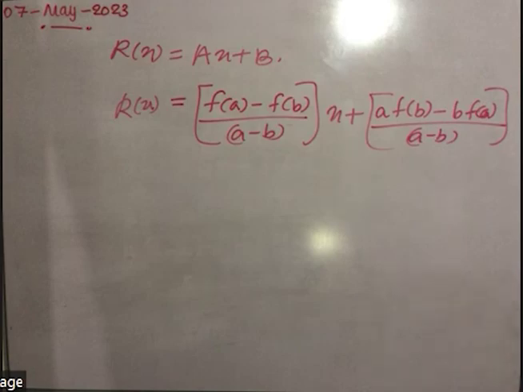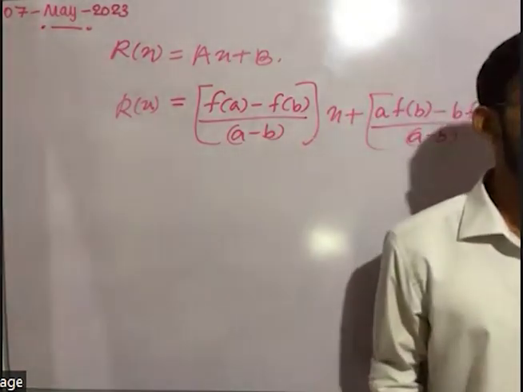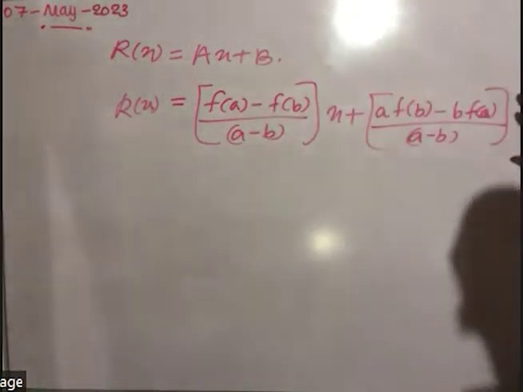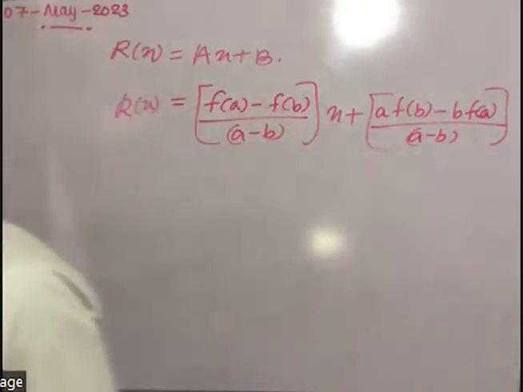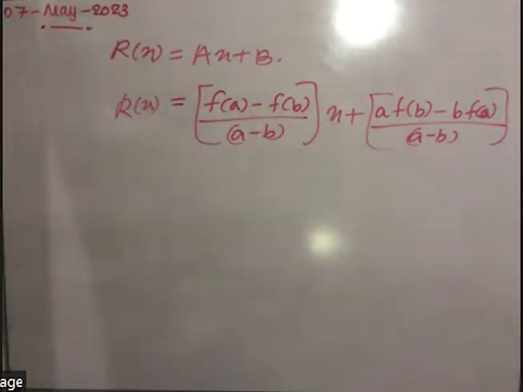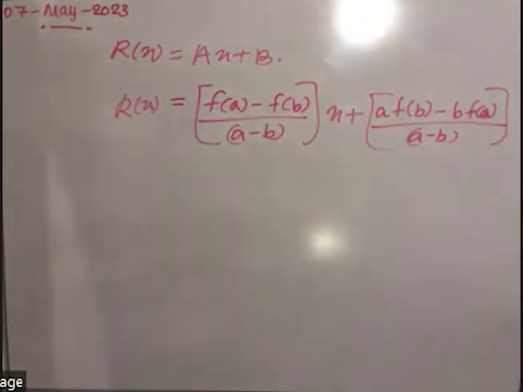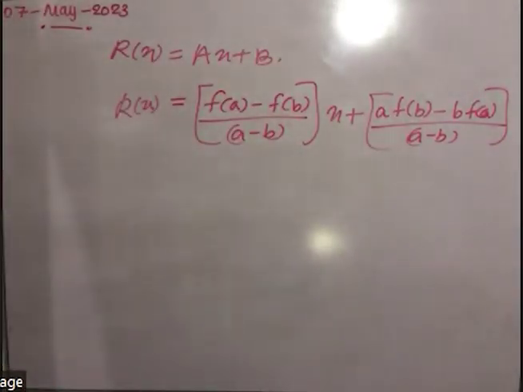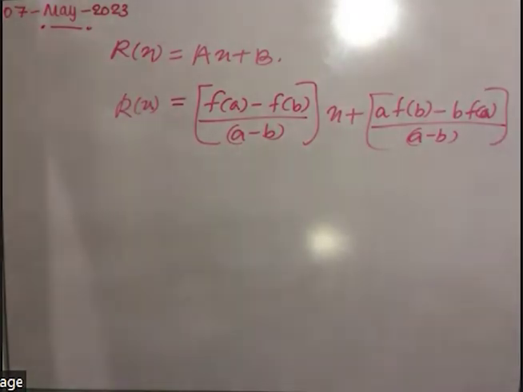So this is actually a theory part. In the question paper, you can get a question like this, so you can practice this question. Now you can use this result to find the remainder of a given example.